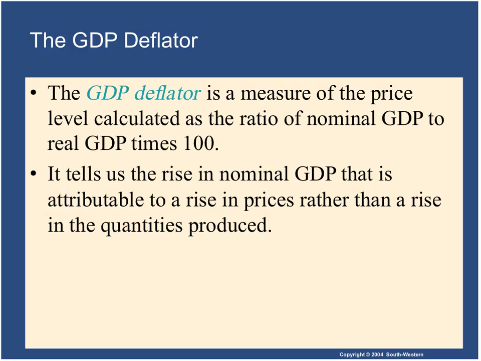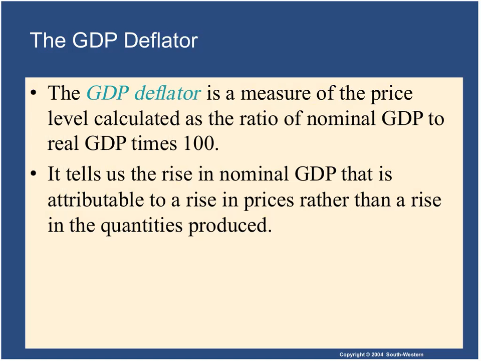The GDP deflator is a measure of the price level, calculated as the ratio of nominal GDP to real GDP times 100. It tells us the rise in nominal GDP that is attributable to a rise in prices rather than a rise in the quantity produced.